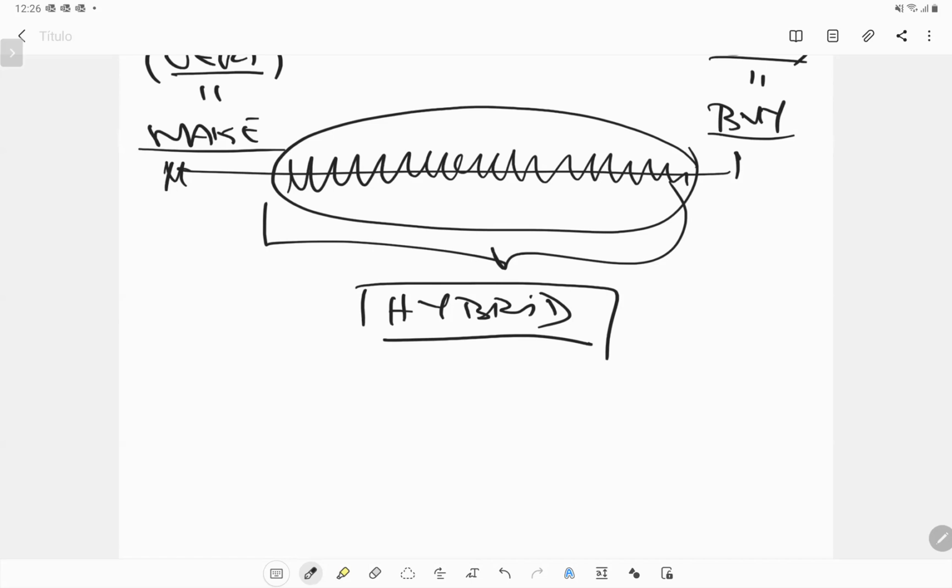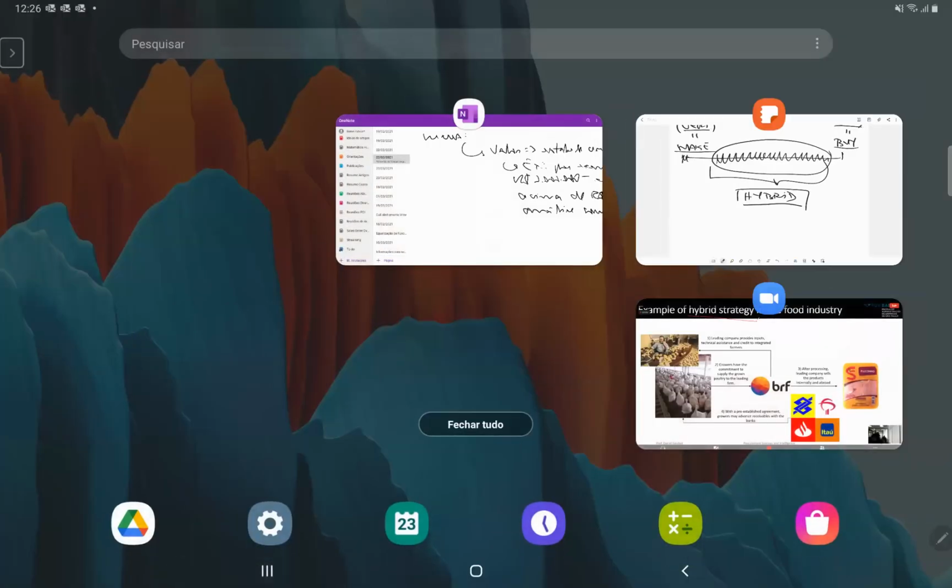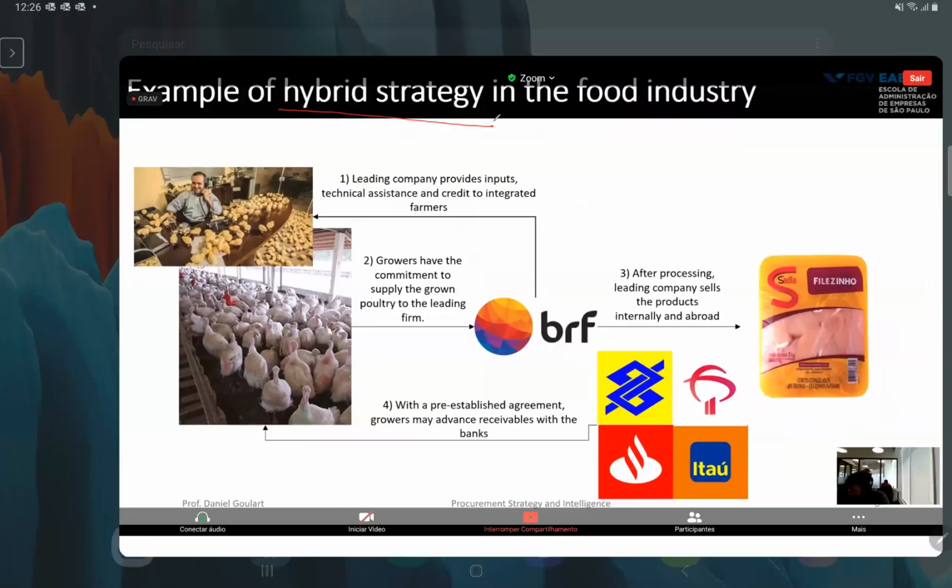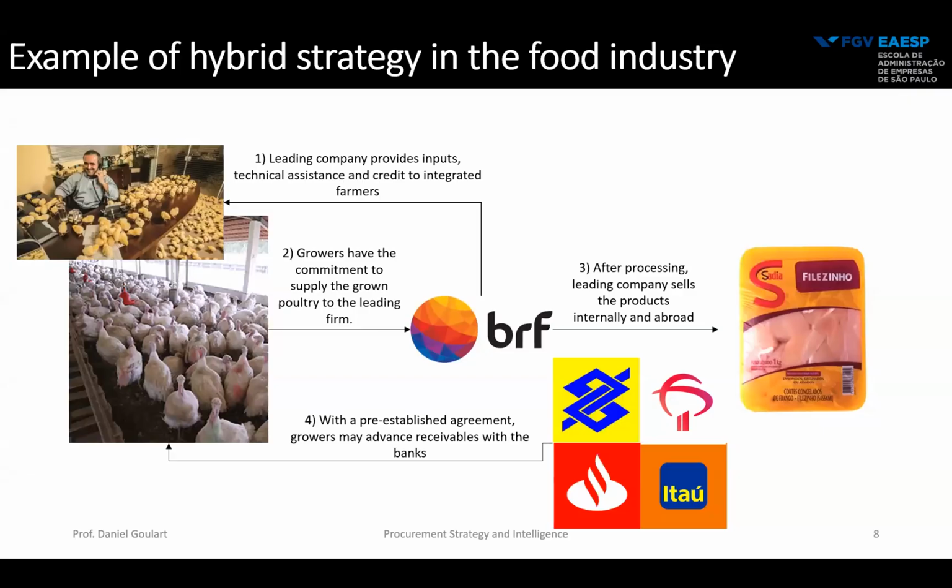Okay, and this is the case of JBS or BRF or the food industry in general that I will display for you here. If you notice this example here, guys, that is displayed on your screen, I put BRF here, but you could consider JBS as well, Tyson, and all the big food processors in the world.